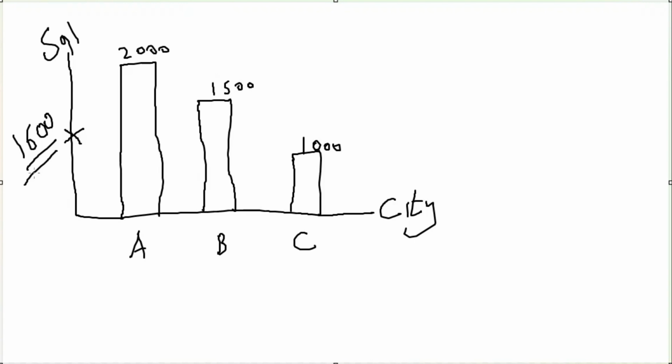We take the average for all the individuals, regardless of the city. We don't care about the city. Let's say that it is 1,600.